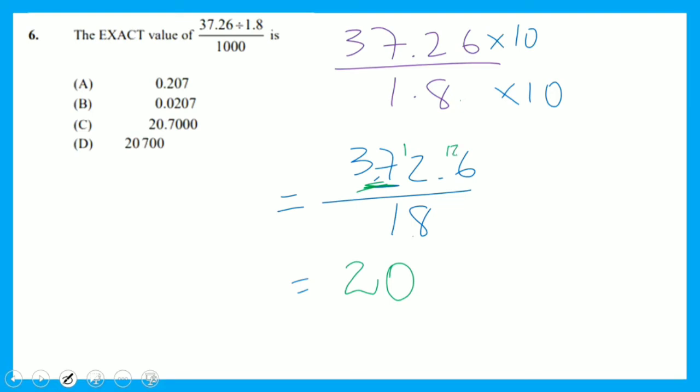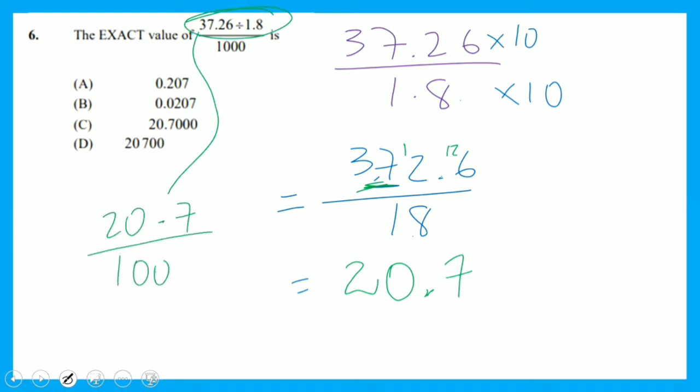So I need to note my decimal point right here after the 372. Now behind the decimal point, if we call the number together, that's 126. 18 into 126 is going to be 7. So when we worked out the top part, we got 20.7.